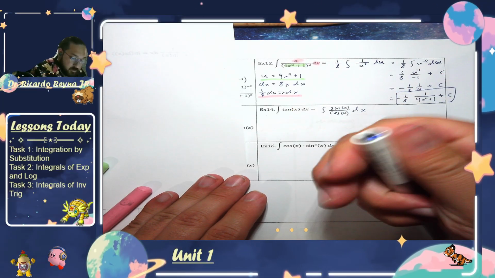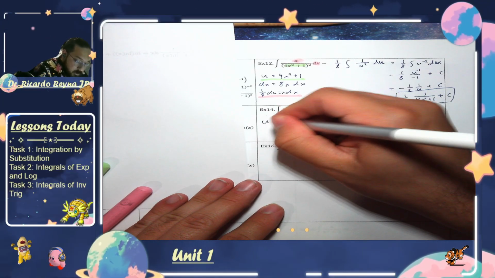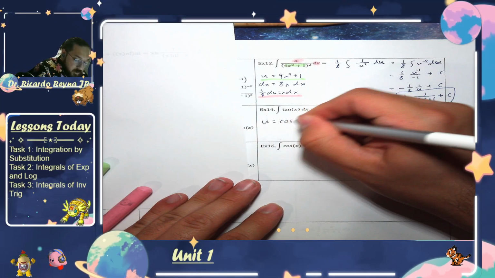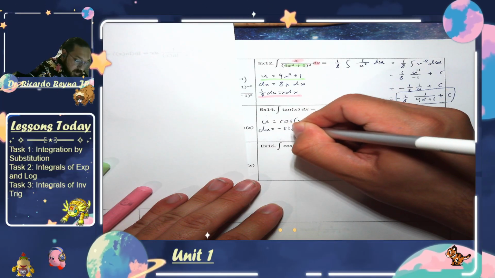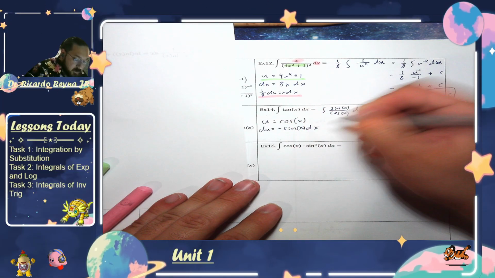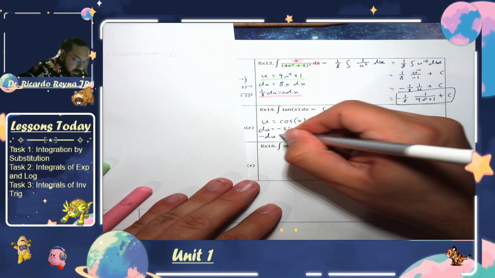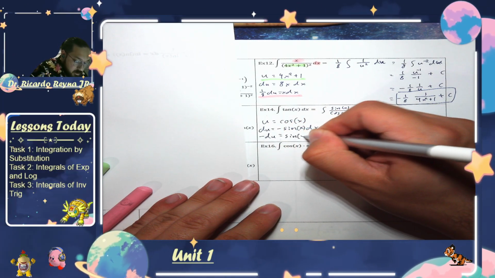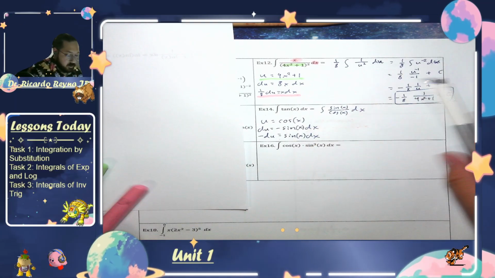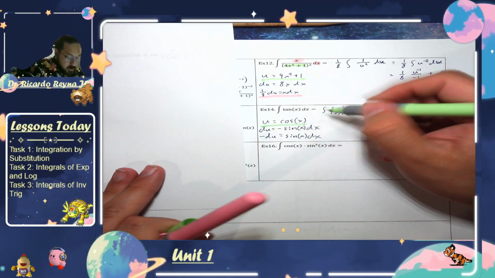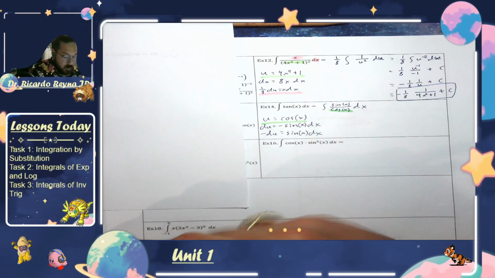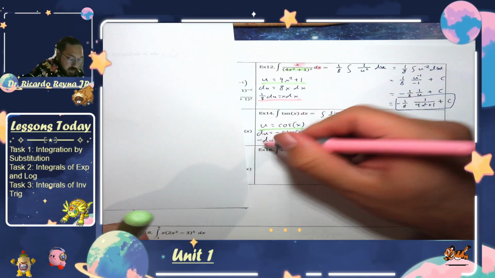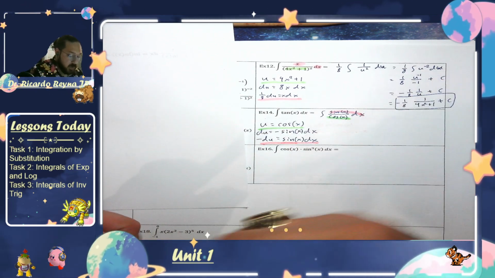So we have u to be cosine of x, du to be negative sine of x dx, and then you can just get the negative on its side. And you would replace cosine with u, and you replace both sine and dx with a negative du.